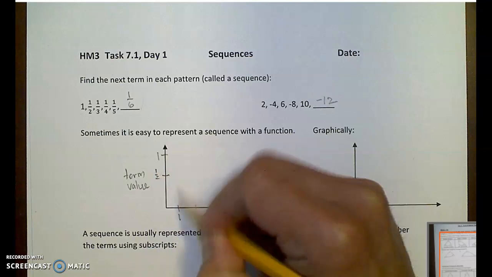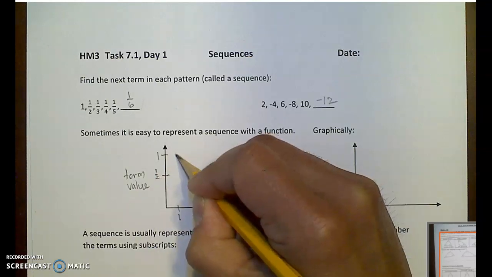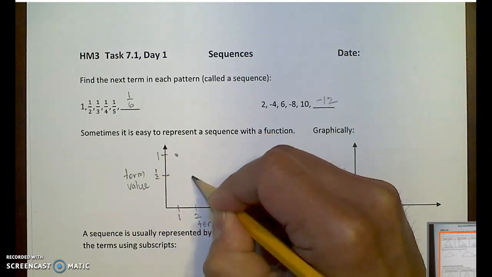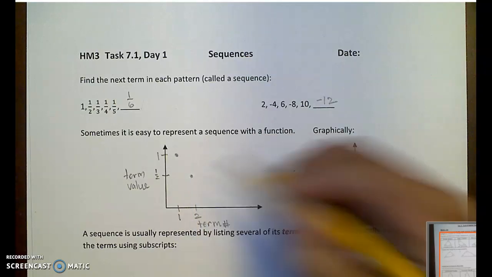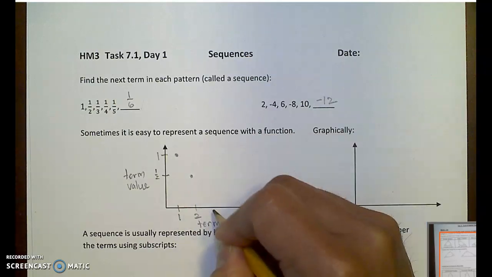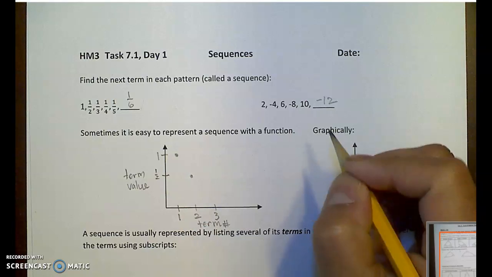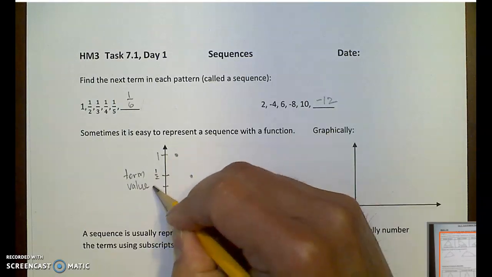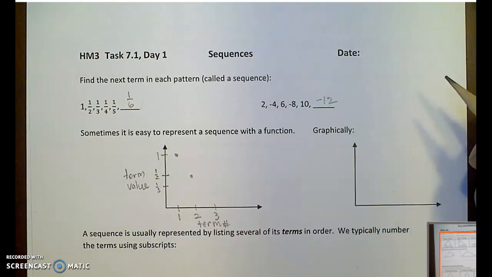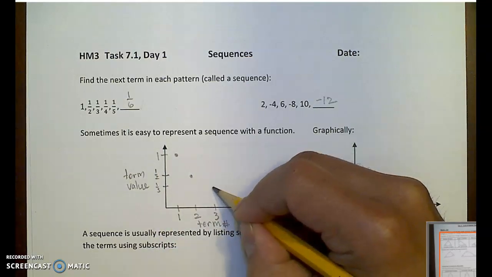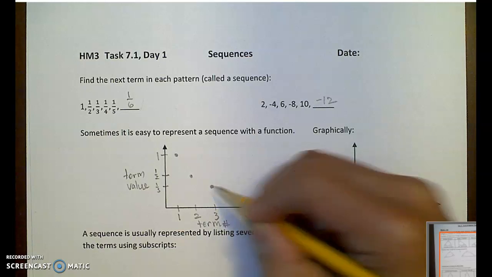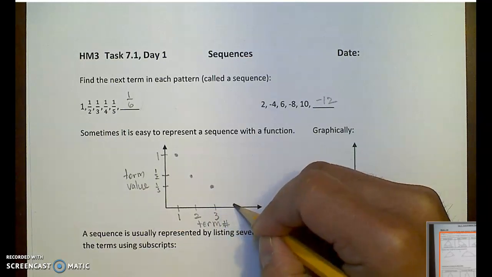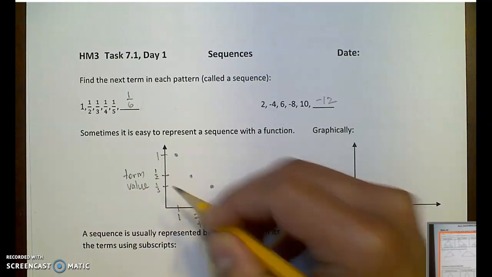So there's 1/2. So I got the first term at 1. Second term is at 1/2. Third term is at 1/3, right around here. Fourth term at 1/4.